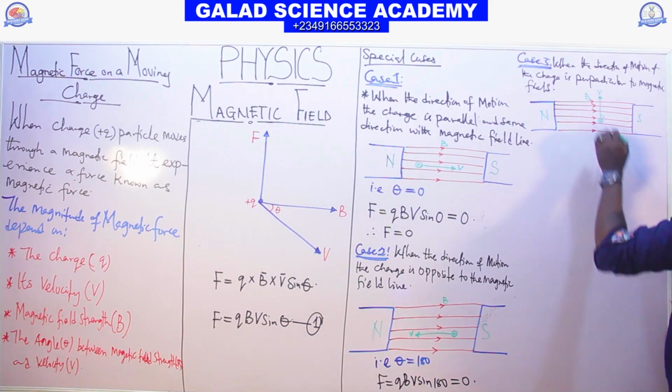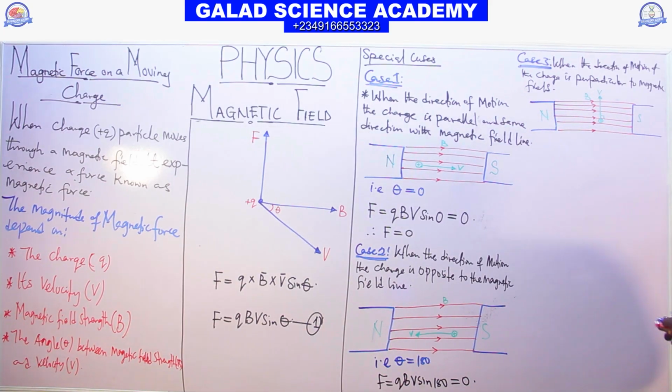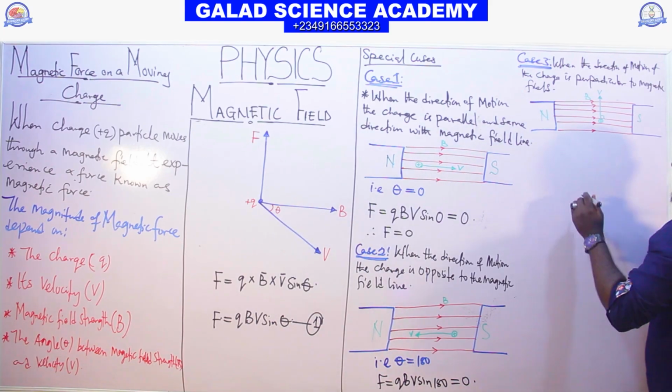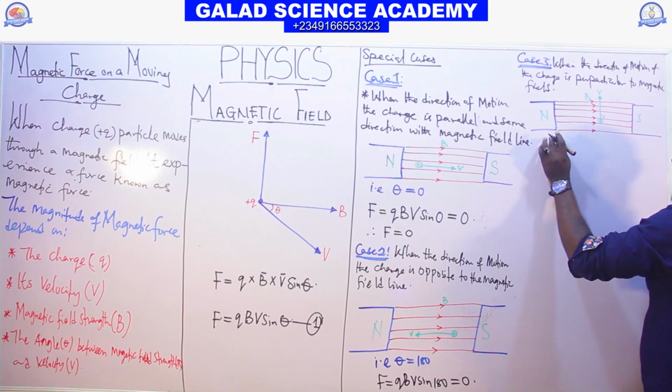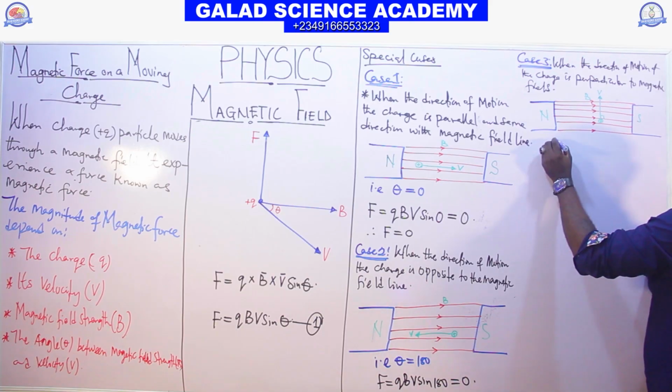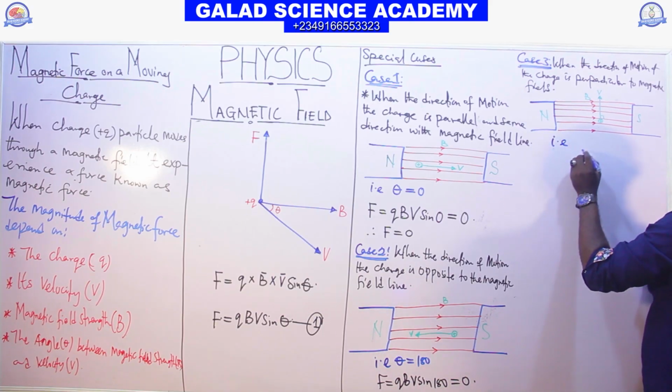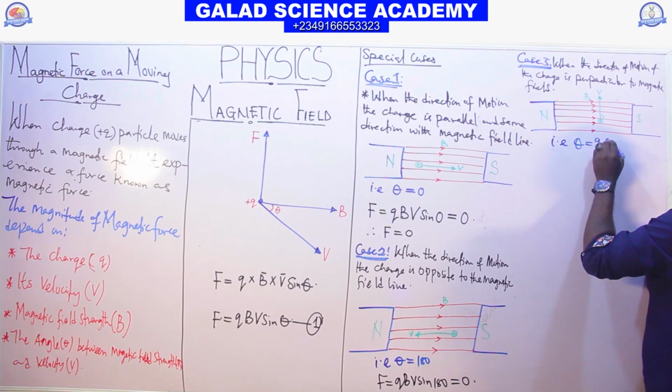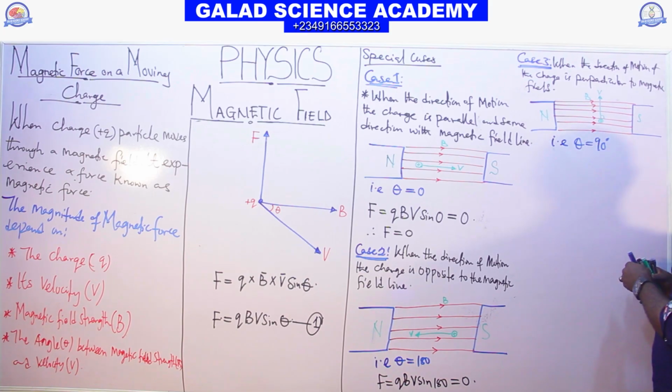Here we note our theta. The theta for the perpendicularity will be 90 degrees.